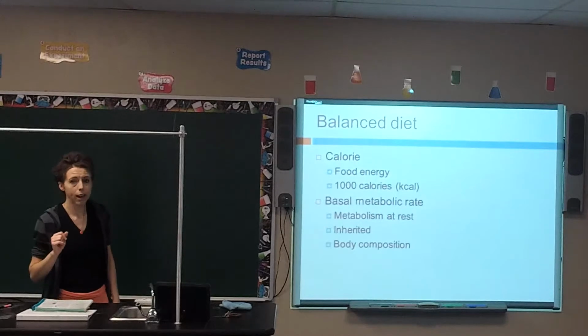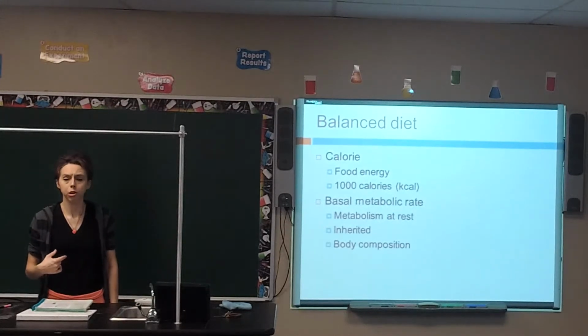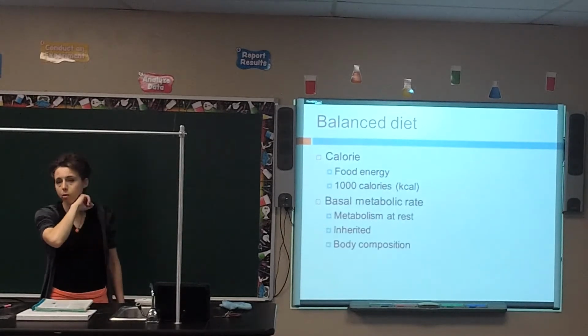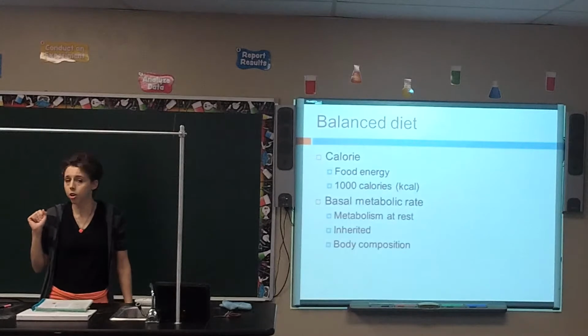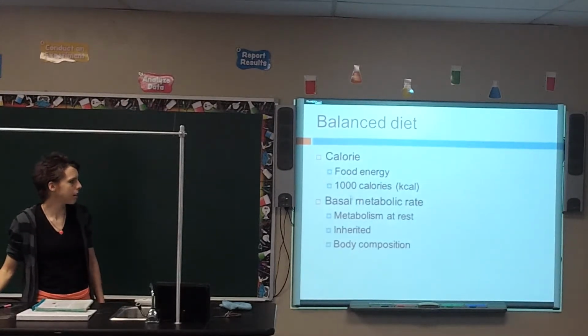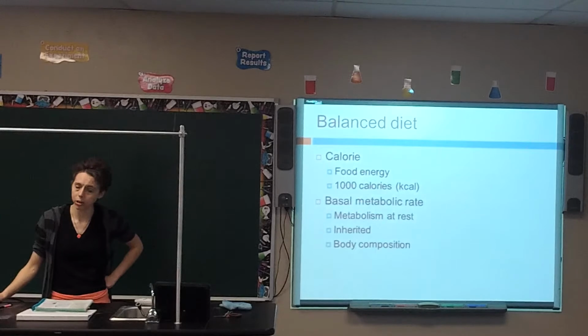Kind of like how, when you're talking about how much you weigh, we typically describe it in ounces or pounds. So whenever we're talking about food energy, we use capital C Calorie. You might know from math class what this prefix is, what this K stands for. Do you know what that K stands for? Kilo. Good job.